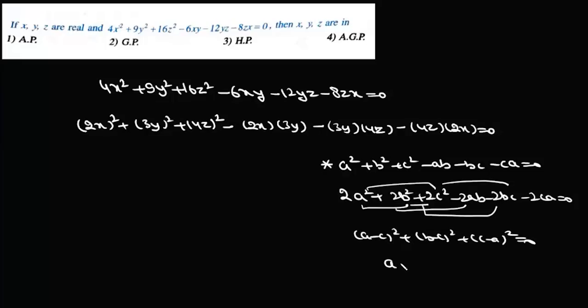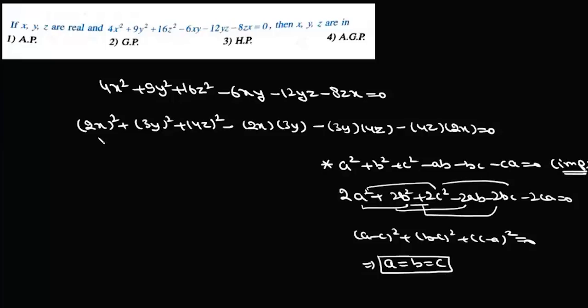So the only result we get here is a equals b equals c. So if we have non-zero numbers a, b and c such that a square plus b square plus c square minus ab minus bc minus ca is 0, then a must be equal to b must be equal to c, and it's an important result which has been extensively used by JEE Advanced.